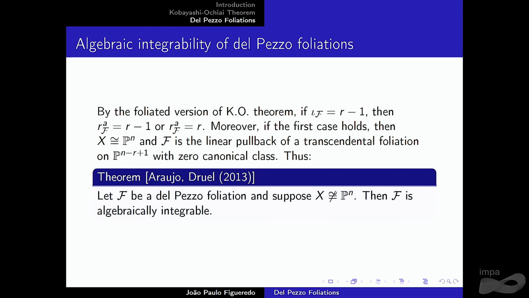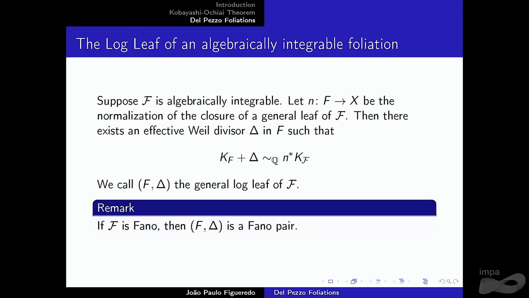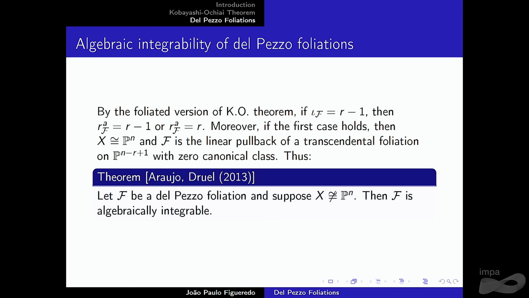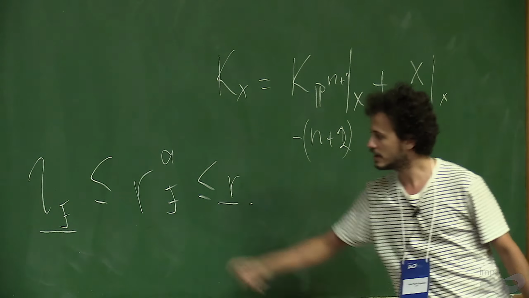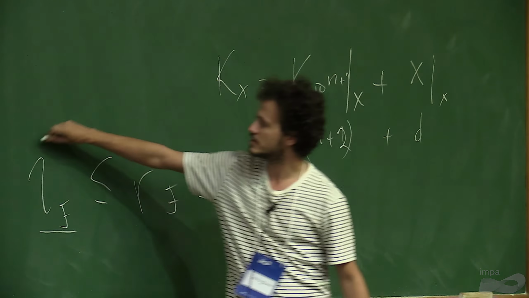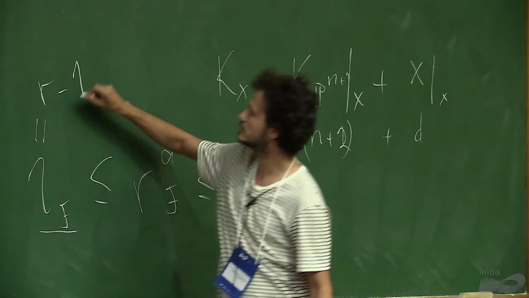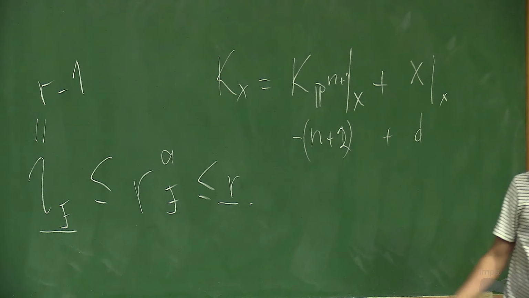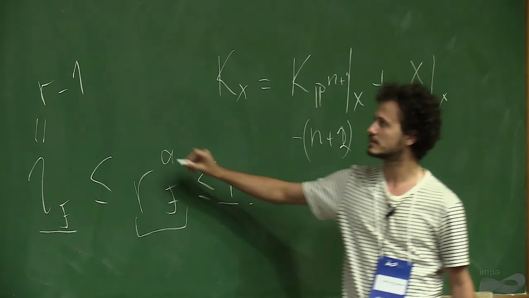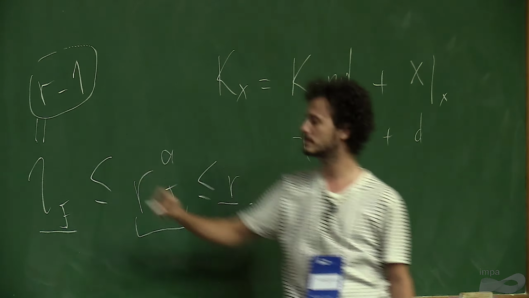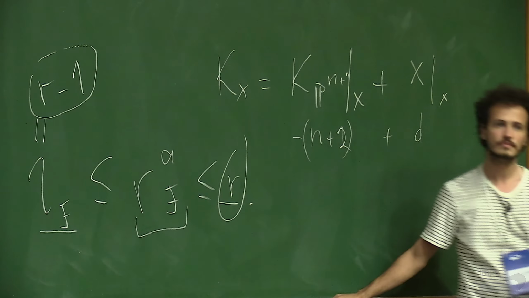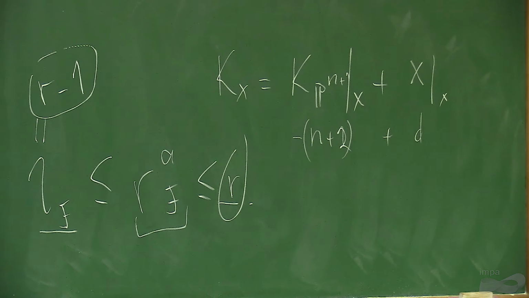So let's further characterize these foliations. So by this theorem here, if this is r minus 1, then the algebraic rank is either r minus 1 or r, right?